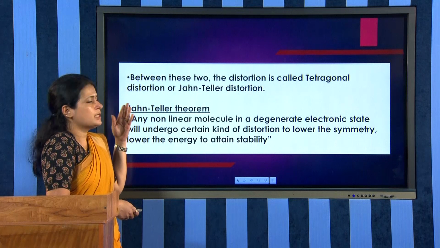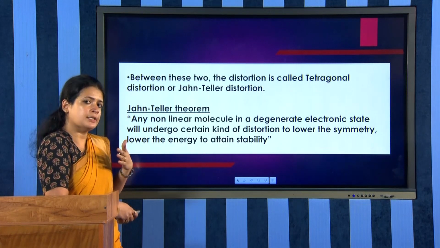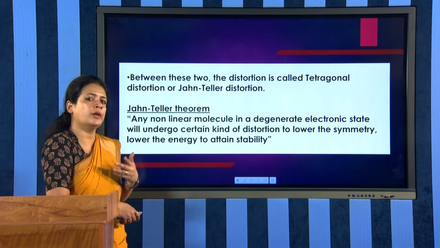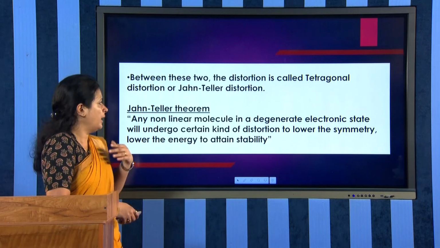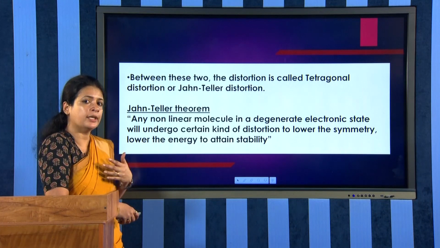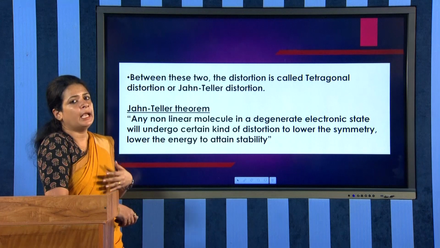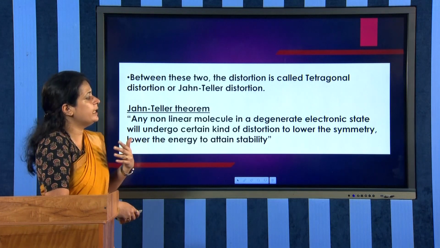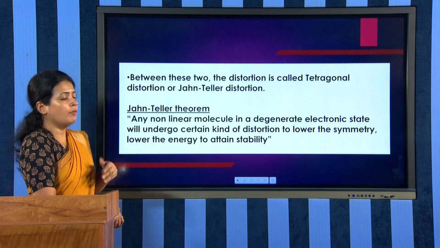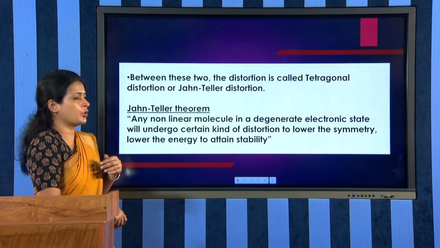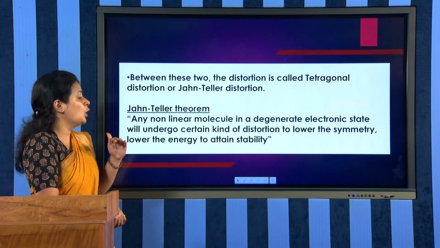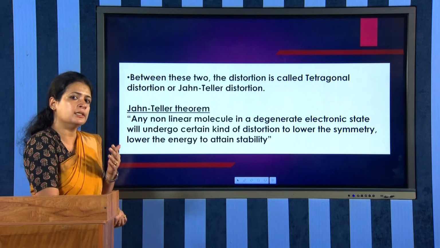This tetragonal distortion can also be called Jahn-Teller distortion, and there is a theorem called the Jahn-Teller theorem. What is the Jahn-Teller theorem? Any nonlinear molecule in a degenerate electronic state will undergo some kind of distortion to lower the symmetry and lower the energy to attain stability.